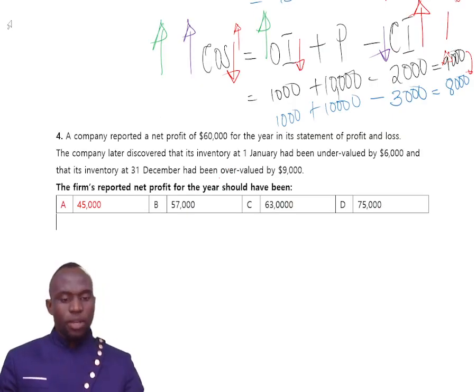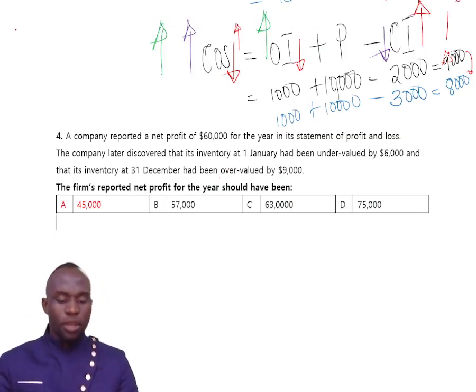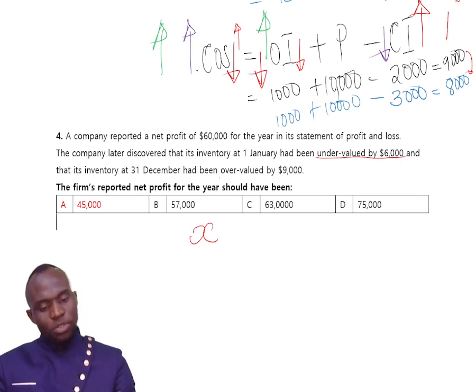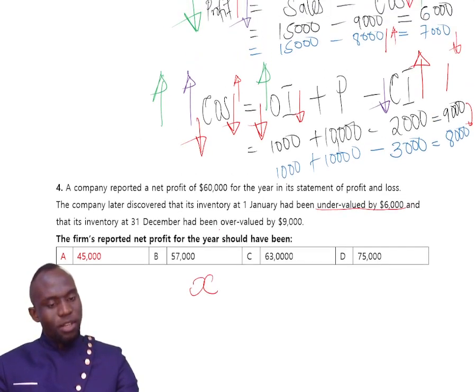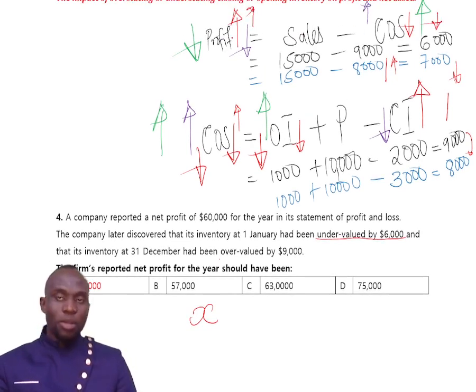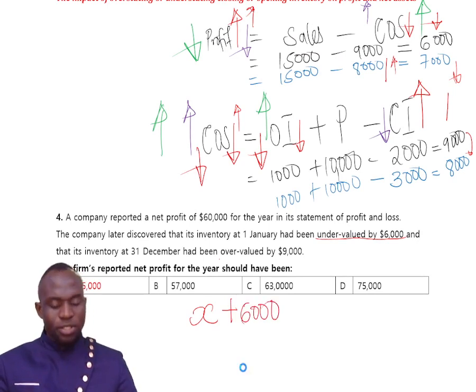So I want to give you a better alternative, assuming the profit was X. So what did we do? The question has said opening was understated by this. So we said if opening is understated, cost of sales will also be understated. And if cost of sales is understated, then the profit would be overstated. It means to that profit we added 6,000. We overstated it. Then we do closing inventory.